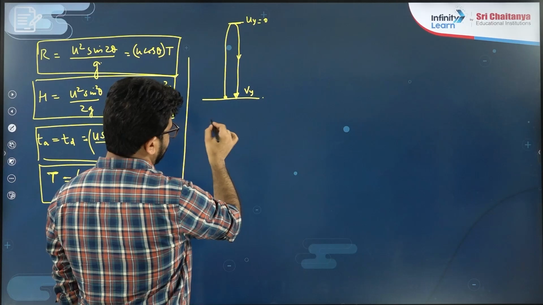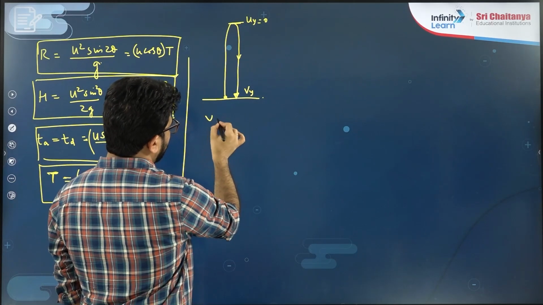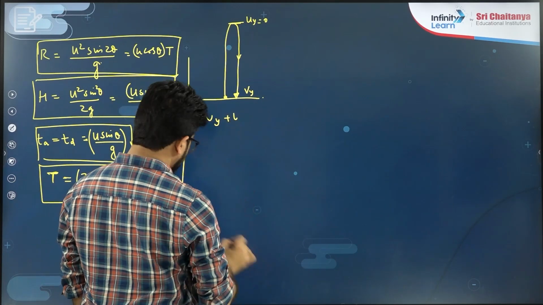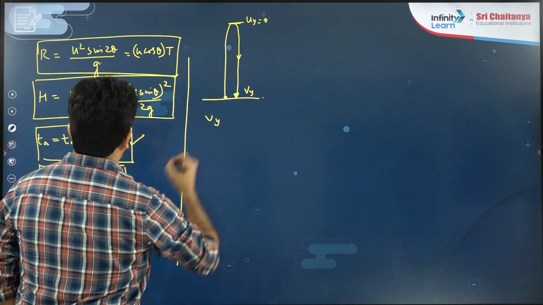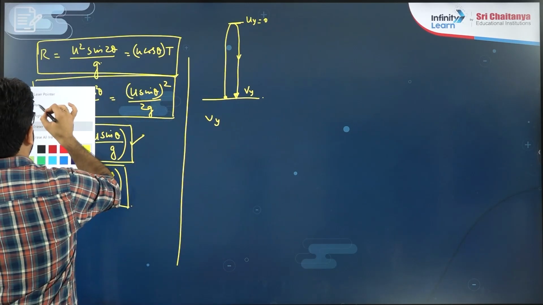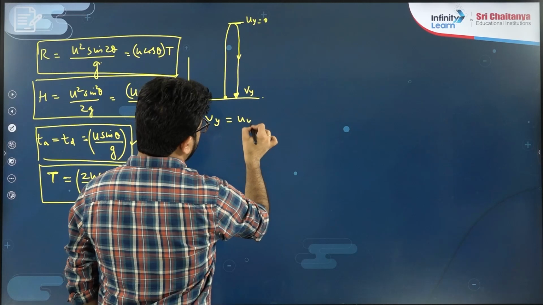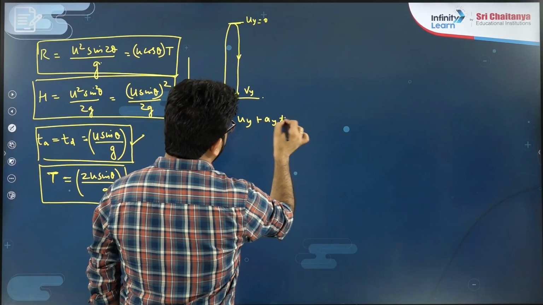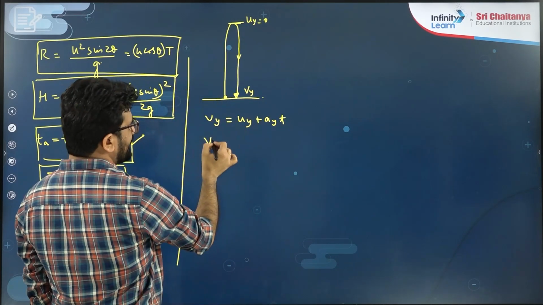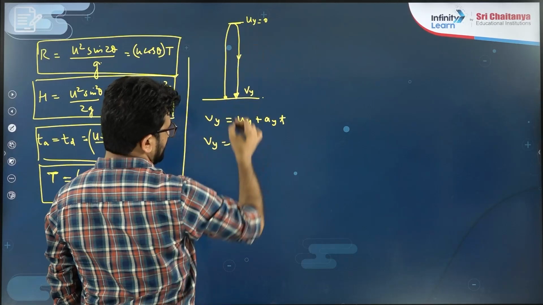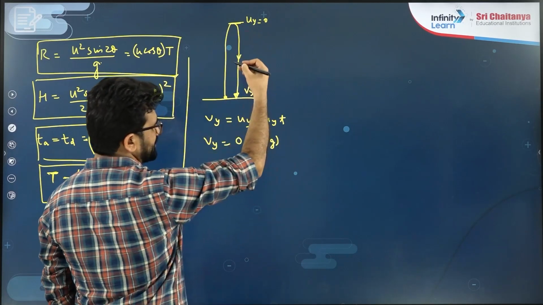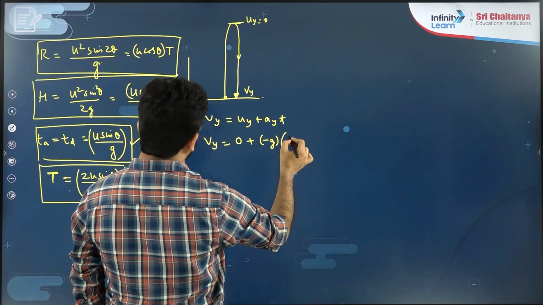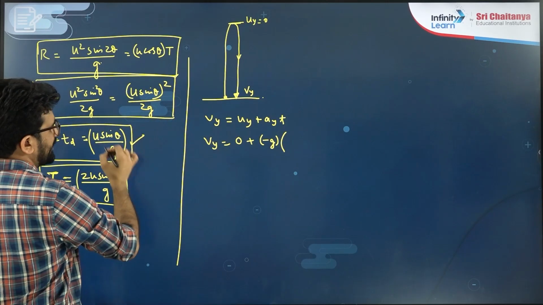So from that you can write its value. That means Vy is equal to uy plus ay into t, we can write. Vy we want to calculate. What is uy? At the highest point it is 0, and acceleration is minus g, downward direction negative, and time we already know, that is equal to u sine theta by g.